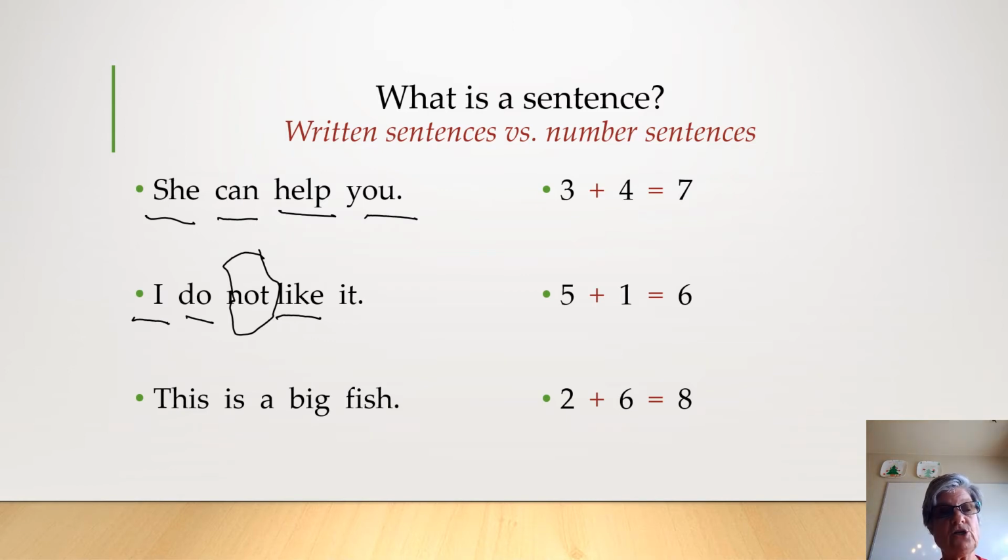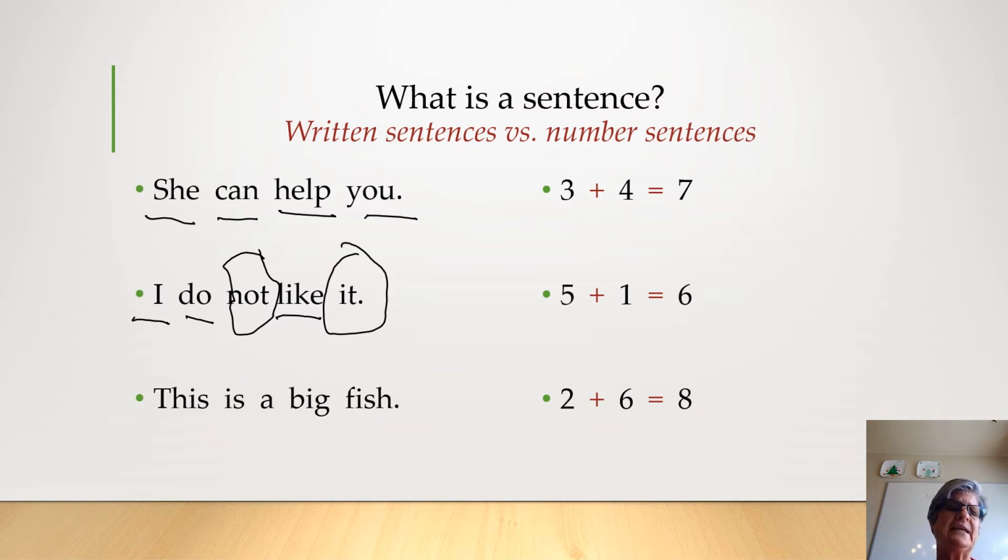Remember, the I usually goes i, so let's sound it out. It. Let's try it again. It. So it's the word it, and I'm circling it because it's a new word. Now let's go back to the beginning and read. I do not like it.